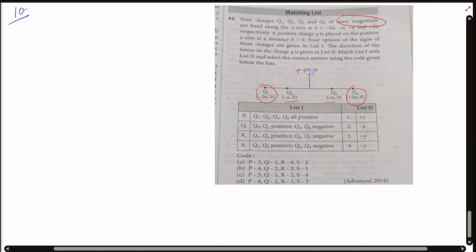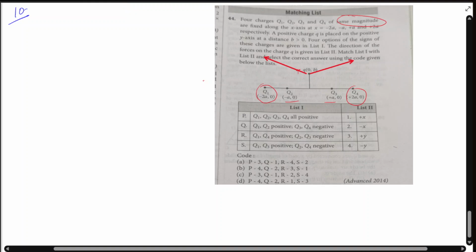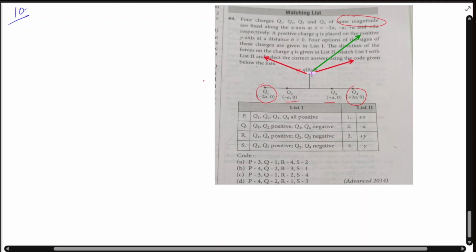So Q1 will be applying a force here, right? Similarly, Q4 will be applying a force here. Q2 will be applying a force here, of greater magnitude. Similarly, Q3 will be applying a force here, of greater magnitude.